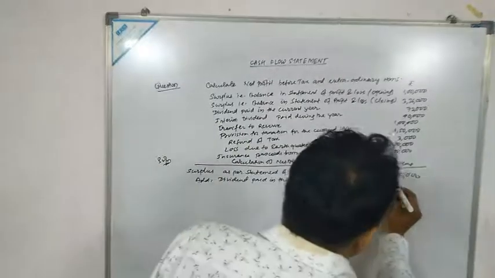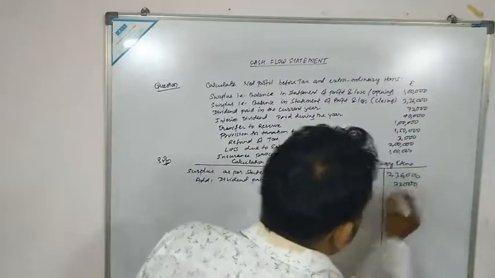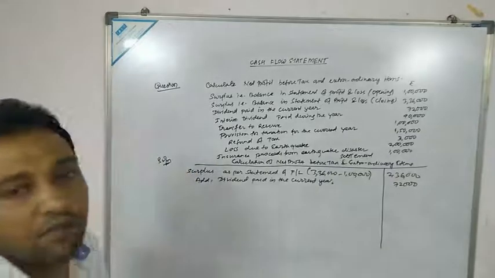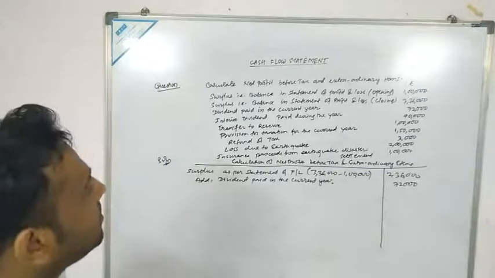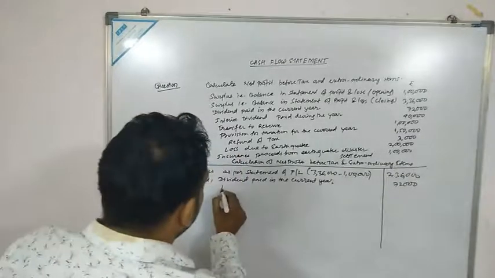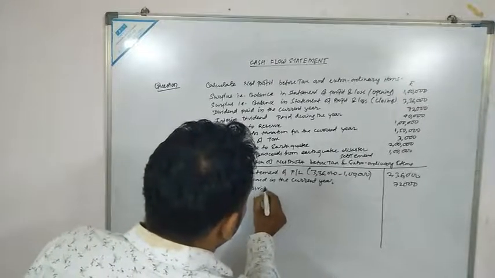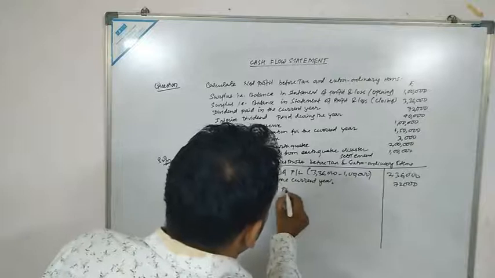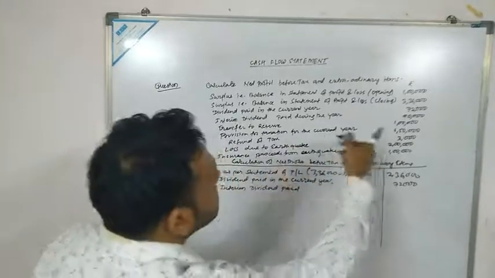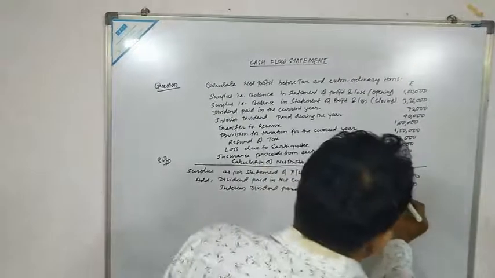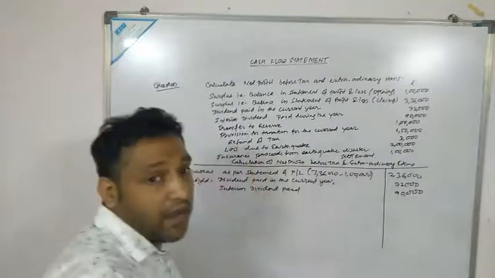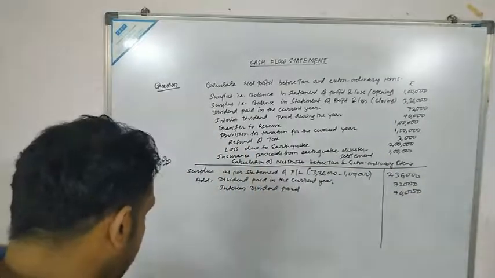It is 72,000. Next is your interim dividend paid. How much is it? That is 90,000. So 90,000 would be added for your interim dividend.